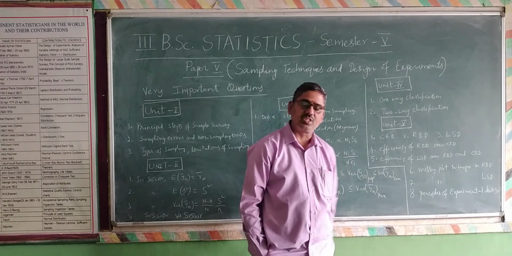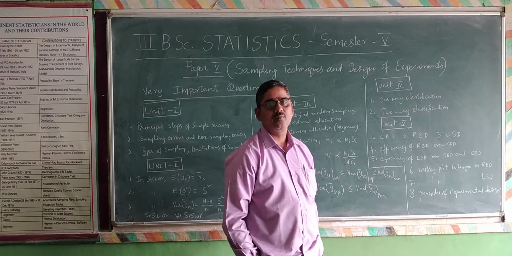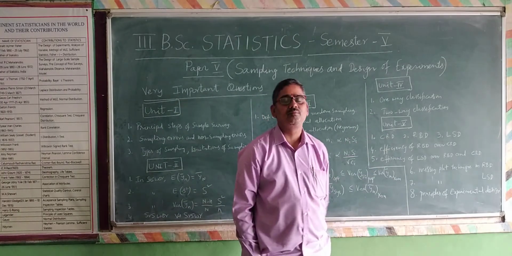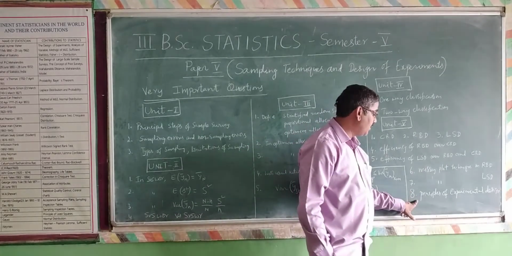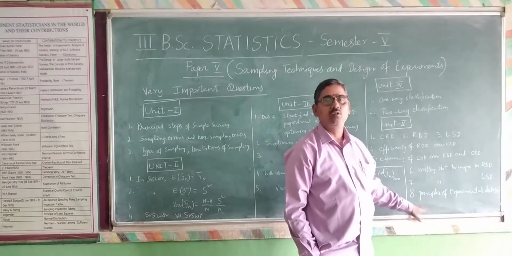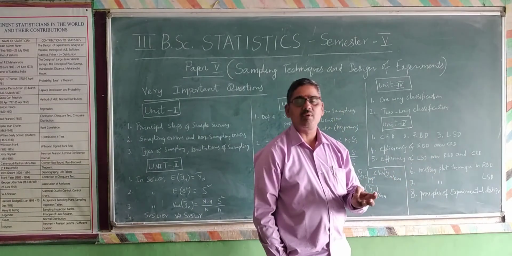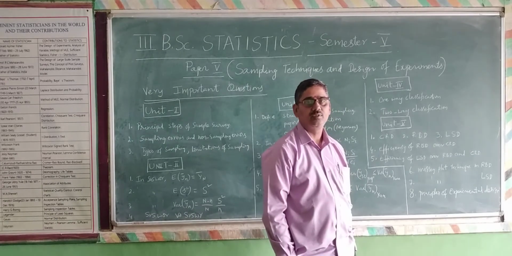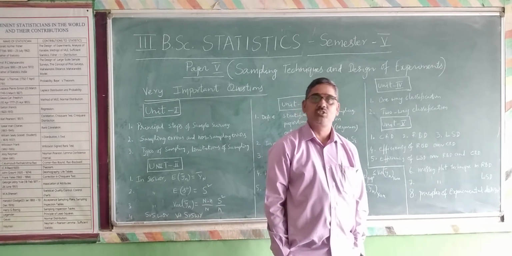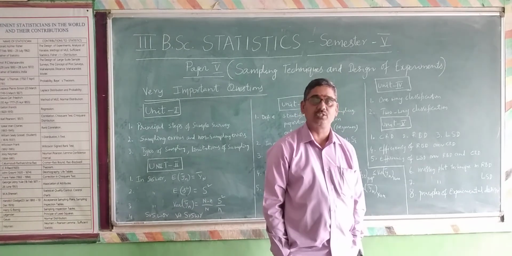Please read the definitions, which are very important, though I have not written them here. And then please read the principles of experimental design, which are replication, randomization, and local control.